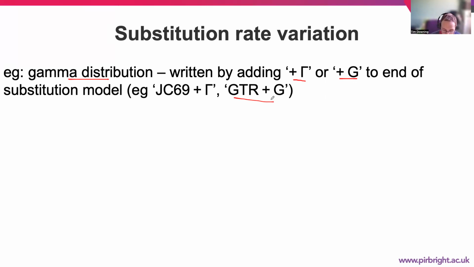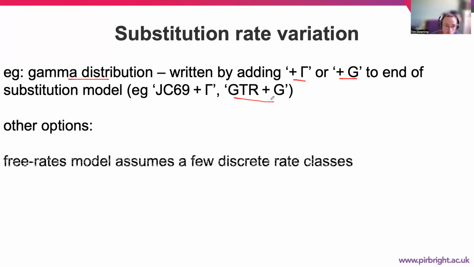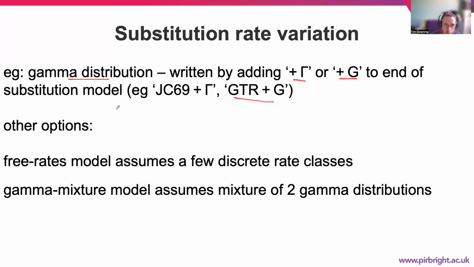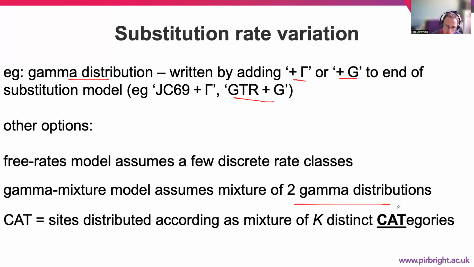Another option is a free rates model, which assumes a few discrete rate classes. And then we also have gamma mixture models, which assume we have more than one gamma distribution. You may also come across CAT models, where the site weights are distributed according to a mixture of k different categories.